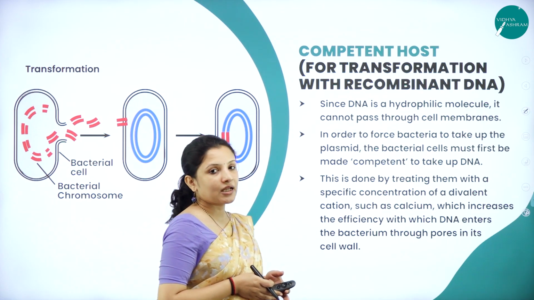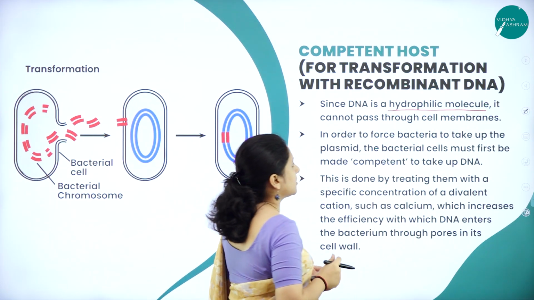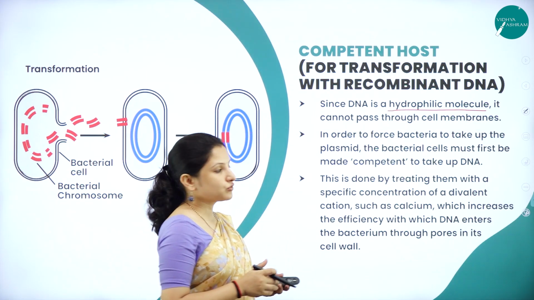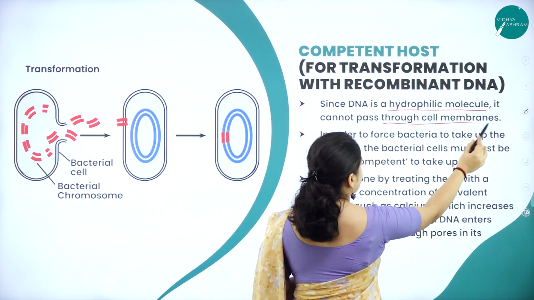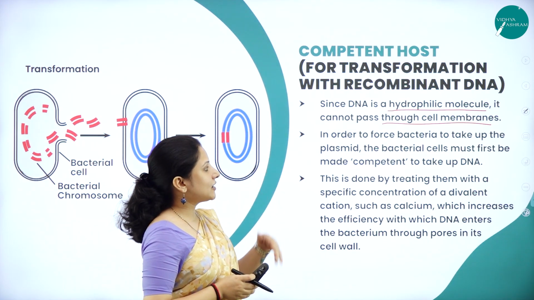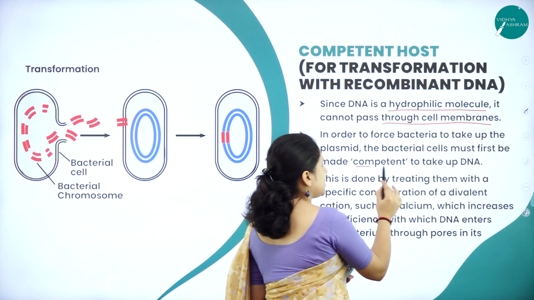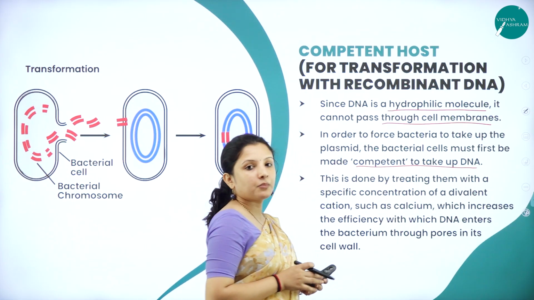And since DNA is a hydrophilic molecule, meaning it is water loving, it cannot pass through the cell membrane. In order to force the bacteria to take up the plasmid, the bacterial cell must first be made competent to take up the DNA. So, how is it made competent?